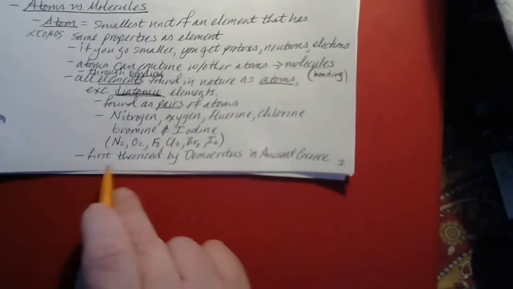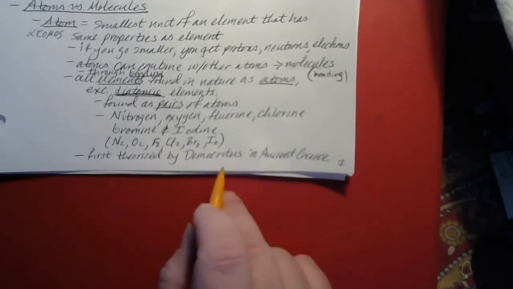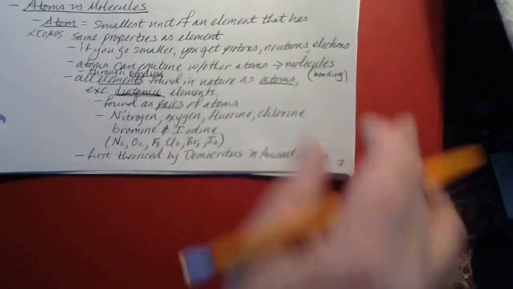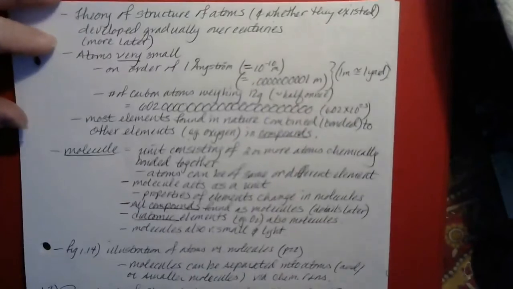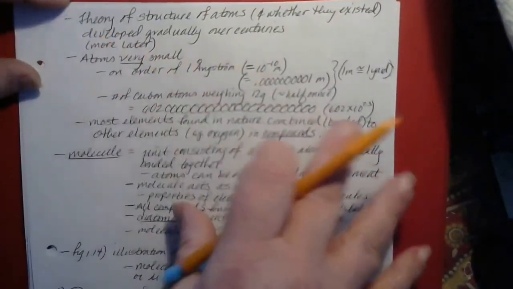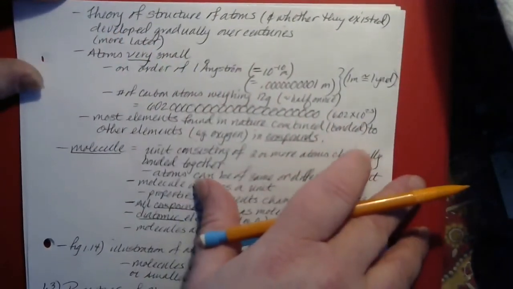As I mentioned, the existence of atoms was first theorized by Democritus about 2,500 years ago. Unfortunately, some guy named Aristotle disagreed with him, and Aristotle is like the Bigfoot of philosophy. Nobody contradicts him. So that set back science by about 2,000 years. We eventually found that atoms really do exist.